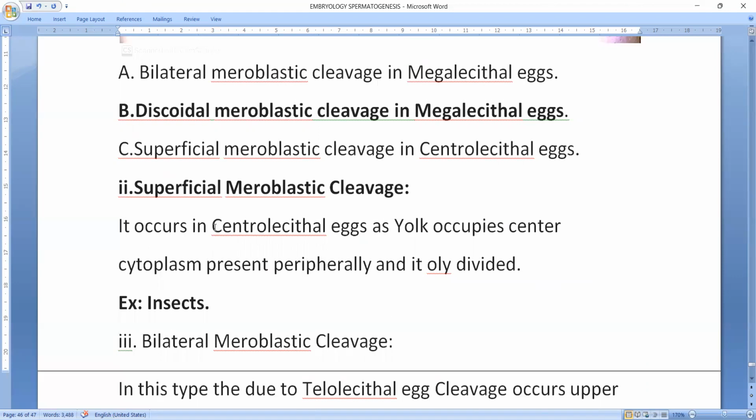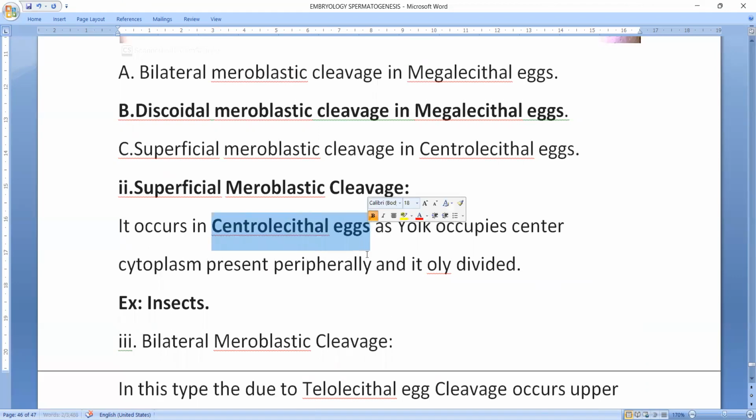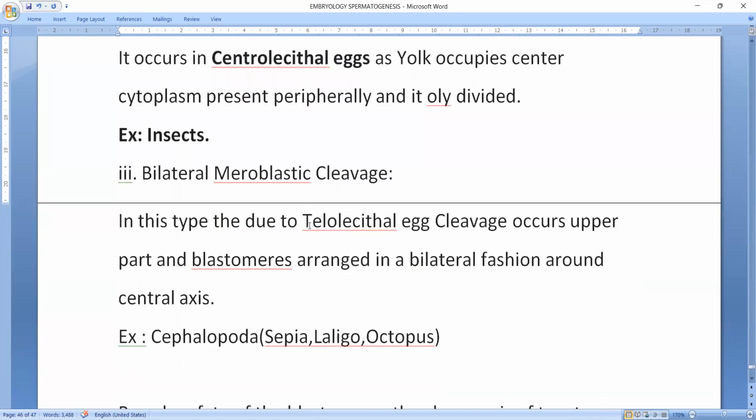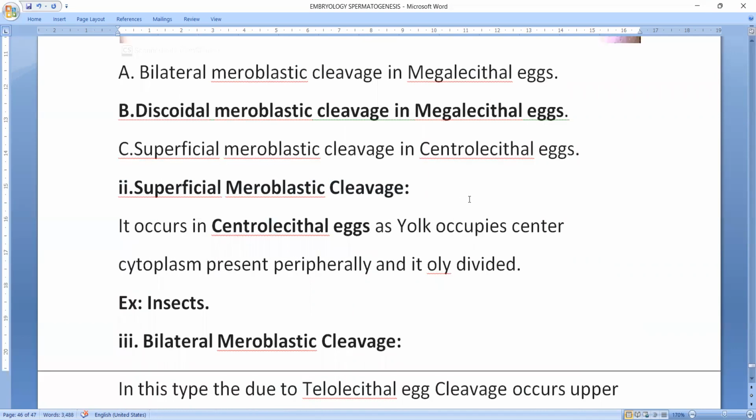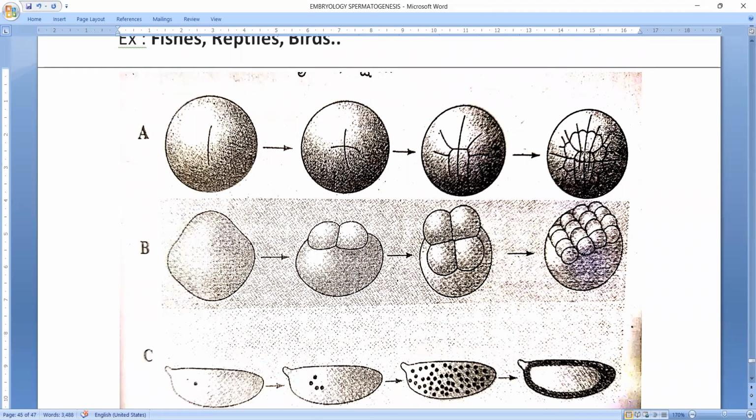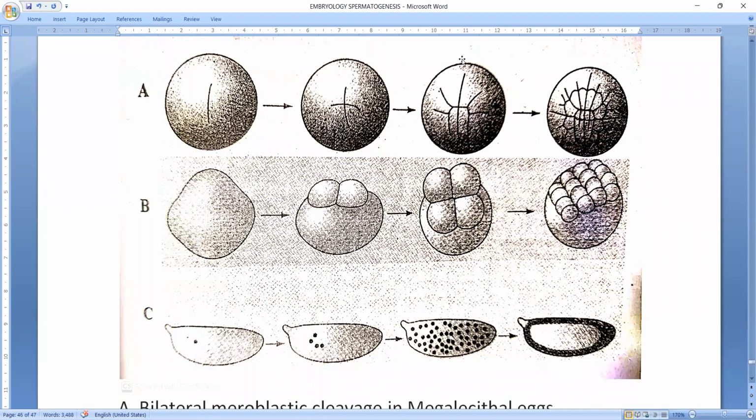You remember, centrolecithal eggs, because in them the yolk is occupied at the center. The example is insects. And bilateral meroblastic cleavage, simple here. It is also a kind of discoidal meroblastic cleavage. If you observe, one is dorsal or vertical and another is at a right angle to the first one; that is the second cleavage division. Then the third cleavage division is very clear.